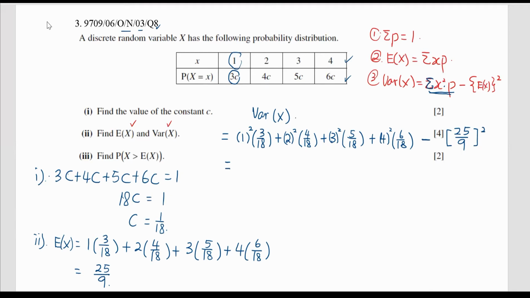All right, so now we use the calculator. We are getting 160 divided by 18, and then minus 25 over 9 squared.